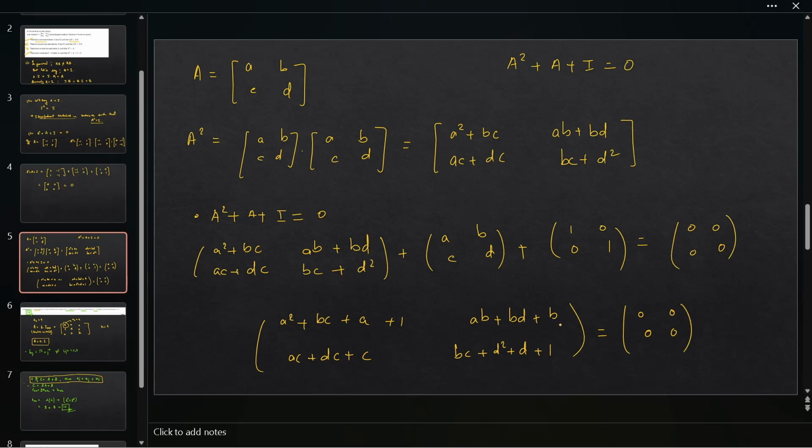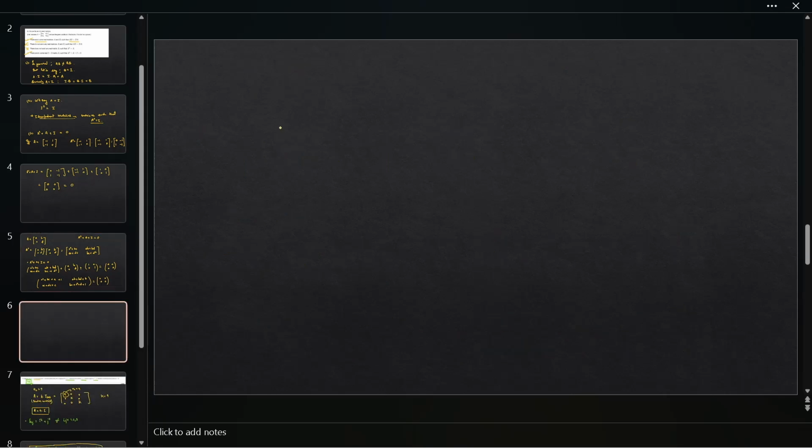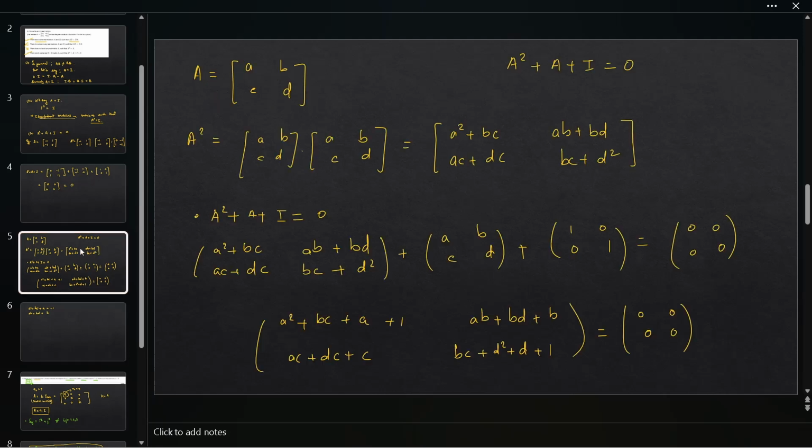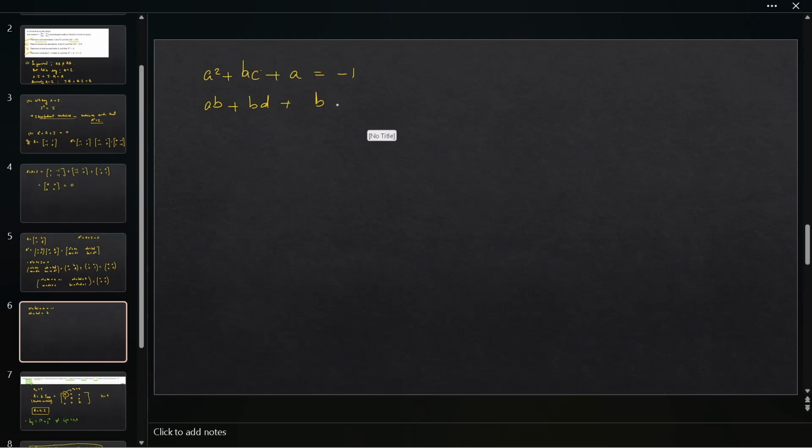If we compare the corresponding elements on both sides, we can obtain 4 equations here. And what are those 4 equations? First, we have A square plus BC plus A equal to minus 1. Then we have AB plus BD plus B equal to 0.